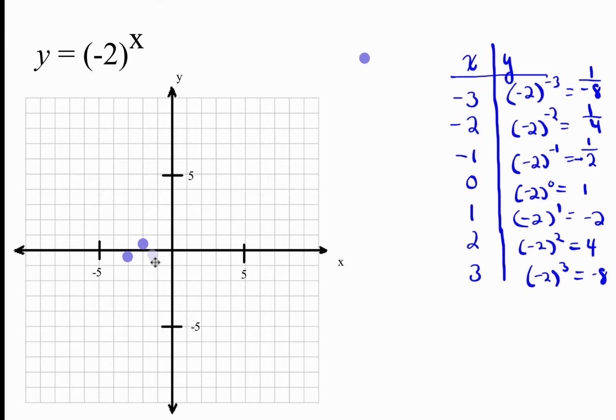When I'm at -1, I'm at -1/2. When I'm at 0, I'm at 1. When I'm at 1, I'm at -2. When I'm at 2, I'm at 4. And when I'm at 3, I'm at -8.